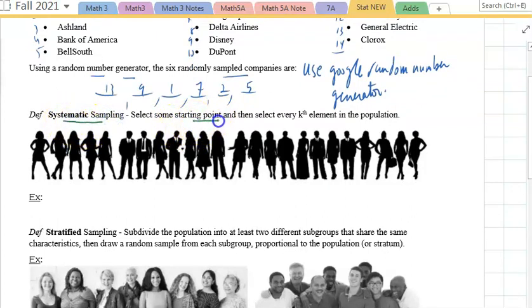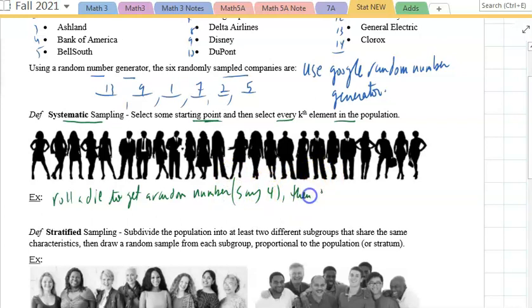Systematic sampling. Select some starting point and then select every kth element in the population. For something like this, you could roll a die if you wish to get a random number. Say you roll a 4.